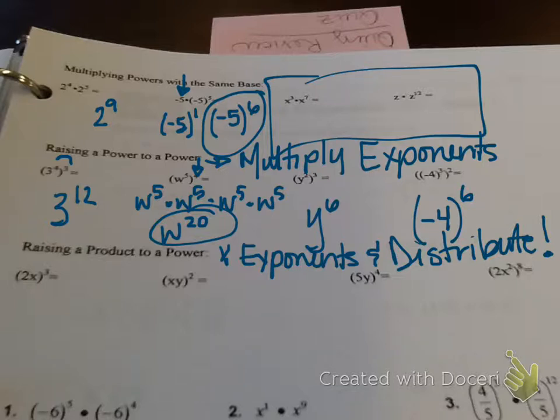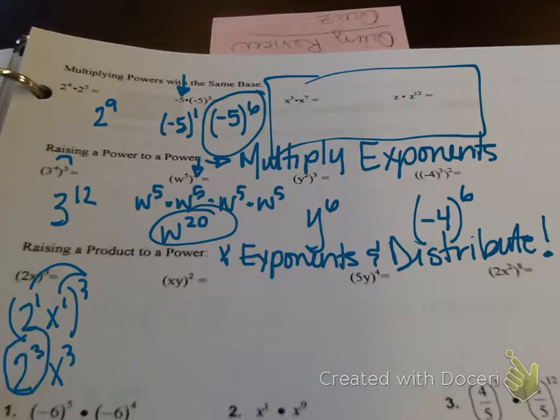So this is essentially 2 to the 1st, x to the 1st, and I'm raising that to the 3rd power. So I distribute, and I end up with 2 to the 3rd power, x to the 3rd power. And we never want to leave a number to a power because we can figure that out rather easily. 2 times 2 is 4 times 2 is 8. So this is 8x cubed for my final answer.